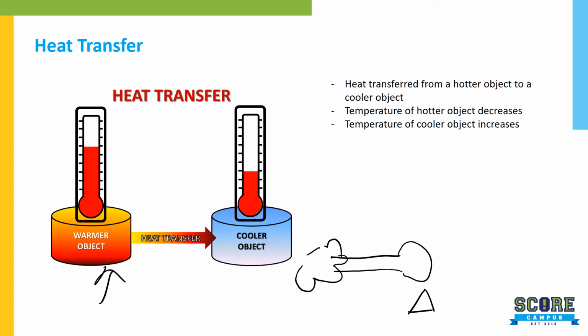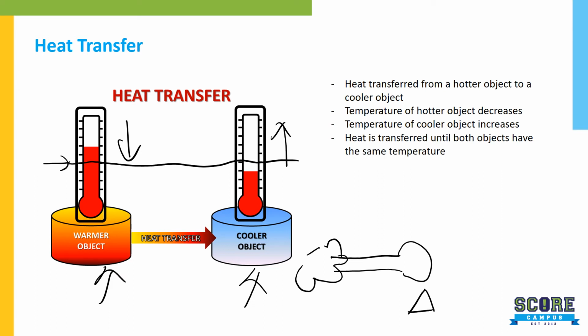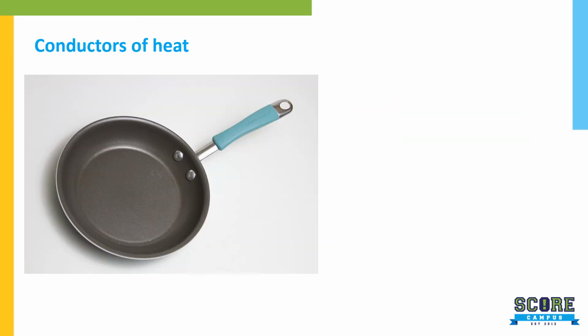So looking at these objects over here, this temperature will decrease, and for this object, this temperature will increase. Until they have the same temperature, there will be heat transfer. So when they both achieve the same temperature, there will be no more heat transfer. Yeah? The heat is transferred until both objects have the same temperature.